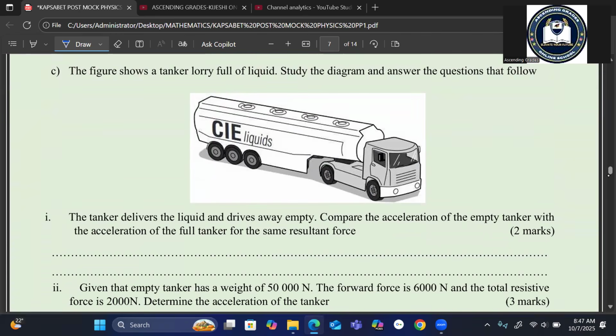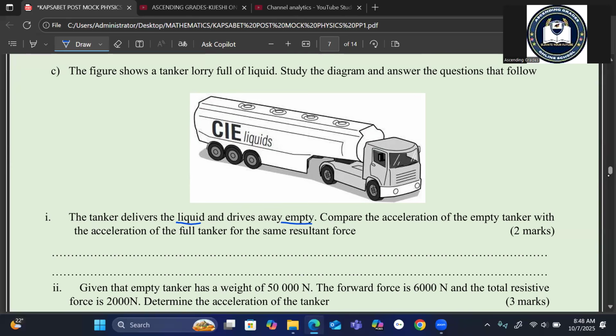Study the diagram and answer the questions that follow. You're told the tanker delivers the liquid and drives away empty. So at first, it had some liquid, and then now it becomes empty. Then you are told to compare the acceleration of the empty tanker with the acceleration of the full tanker for the same resultant force.